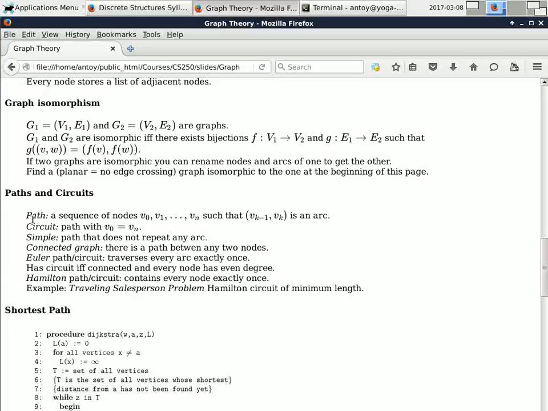Very intuitive. And so the path is the sequence of nodes that you go over. If you go from node V0 to node V1, you must have an edge there, because if you don't have the edge, you cannot walk. There is no path.